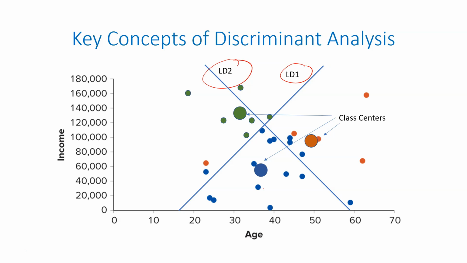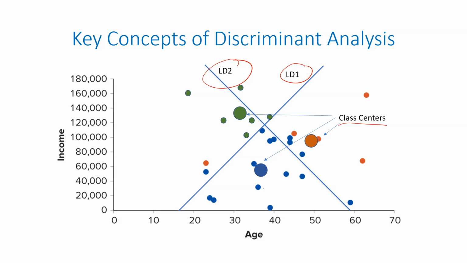The larger dots represent the class centers. The idea is the same as with two class situations. We want to identify discriminant functions that will maximize the between-class variation and minimize the within-class variation simultaneously.